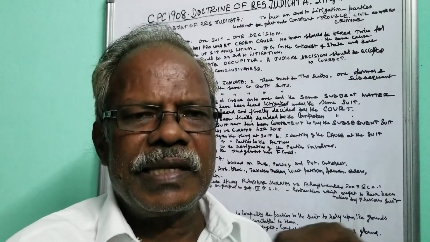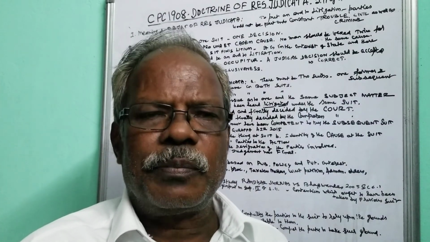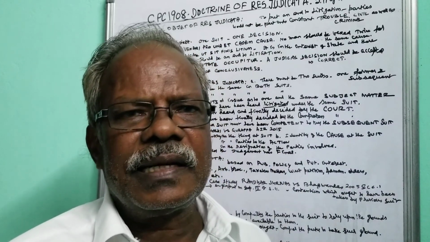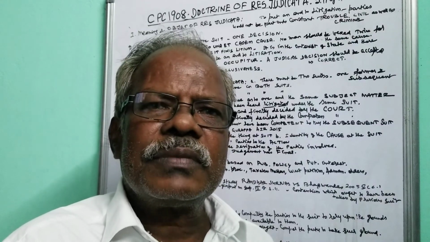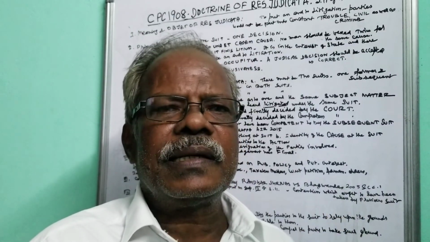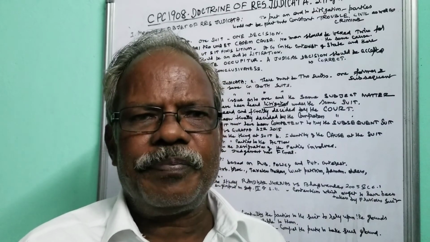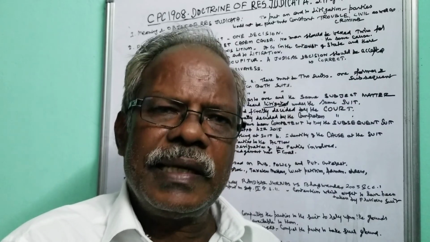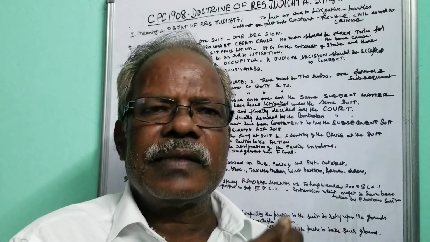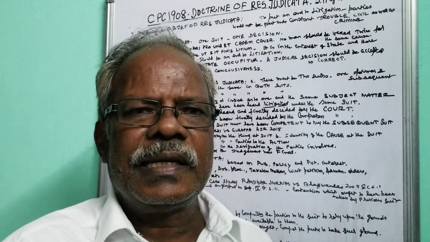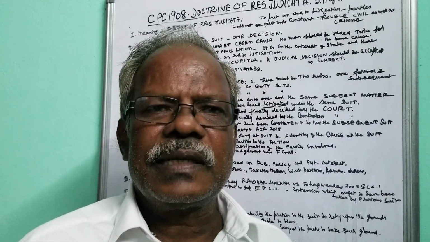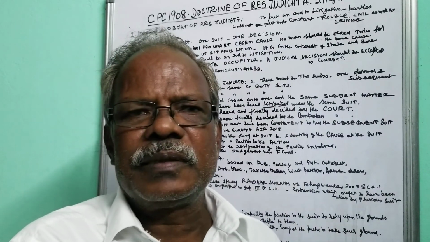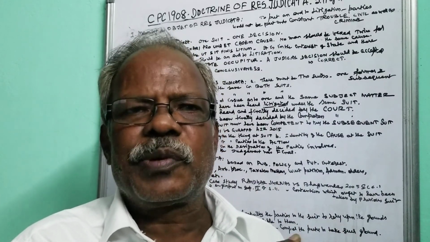First, the plaintiff gives the plaint, and the respondent gives the written statement. Then the court sees the cause of action, and when it identifies the cause of action, the first hearing starts from that day onwards. That is the civil code hearing procedure.